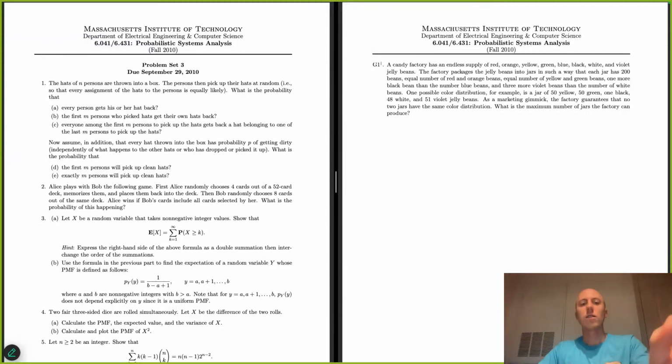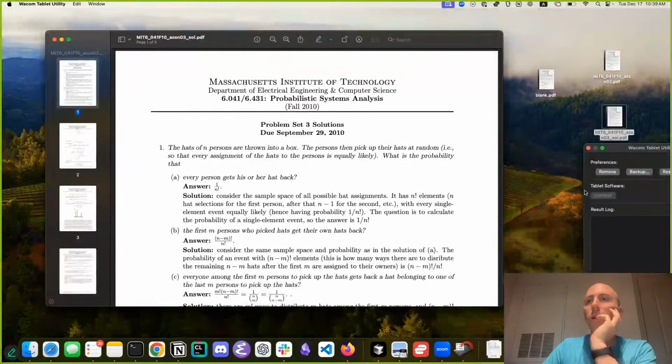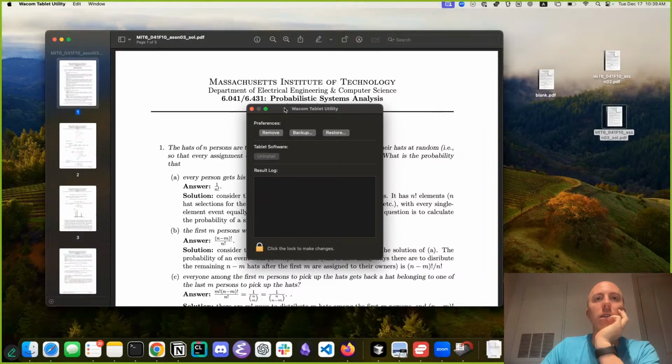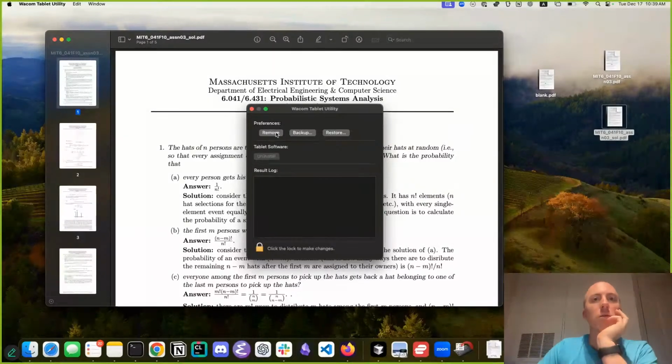Dang. What is this thing? Remove, backup, restore. Is something wrong with my pen? Remove. Reset.